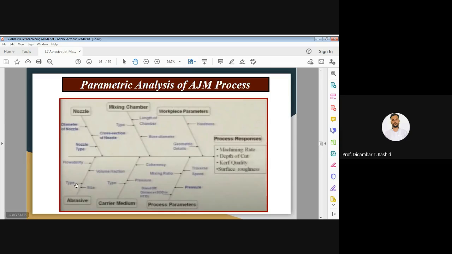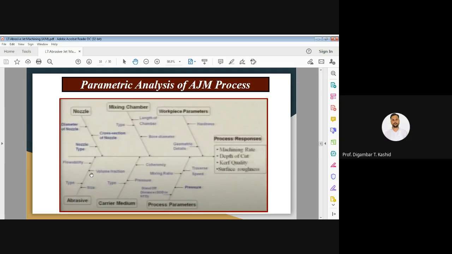Then the volume fraction of the abrasive, which is flowing along with the air in the abrasive jet. That is again a controlling parameter.